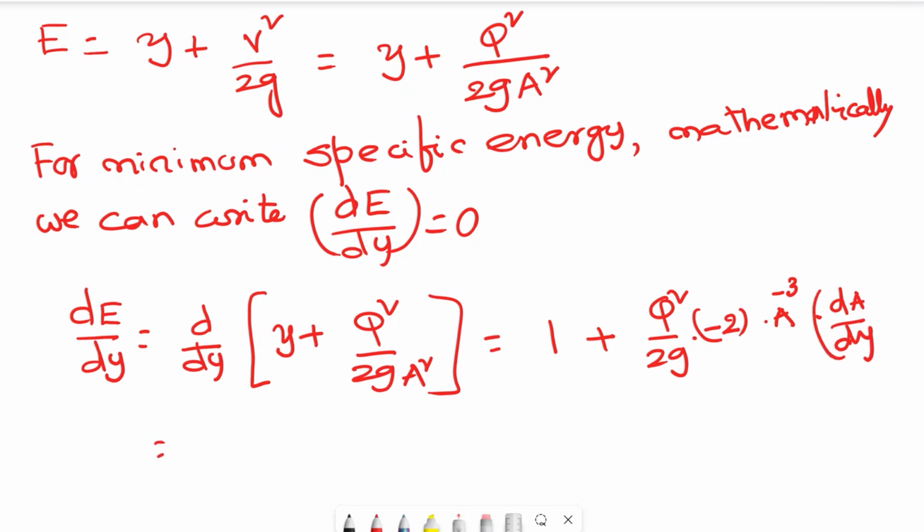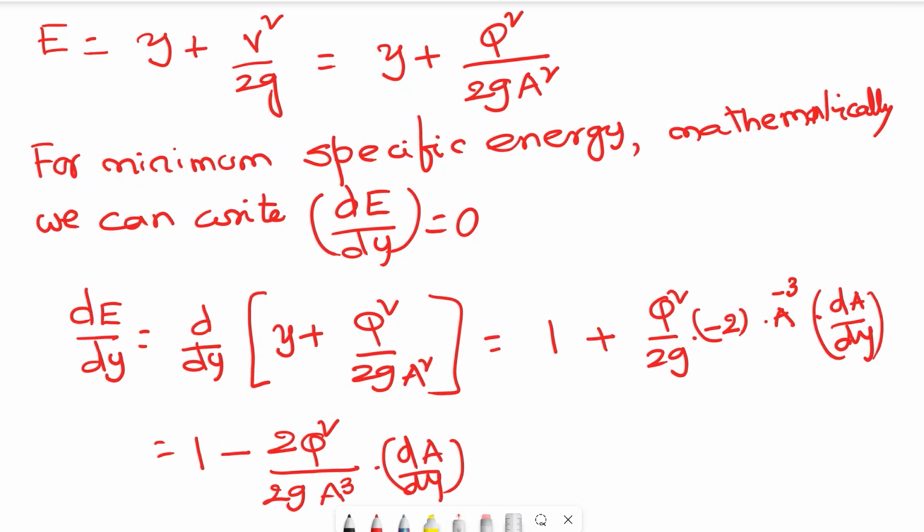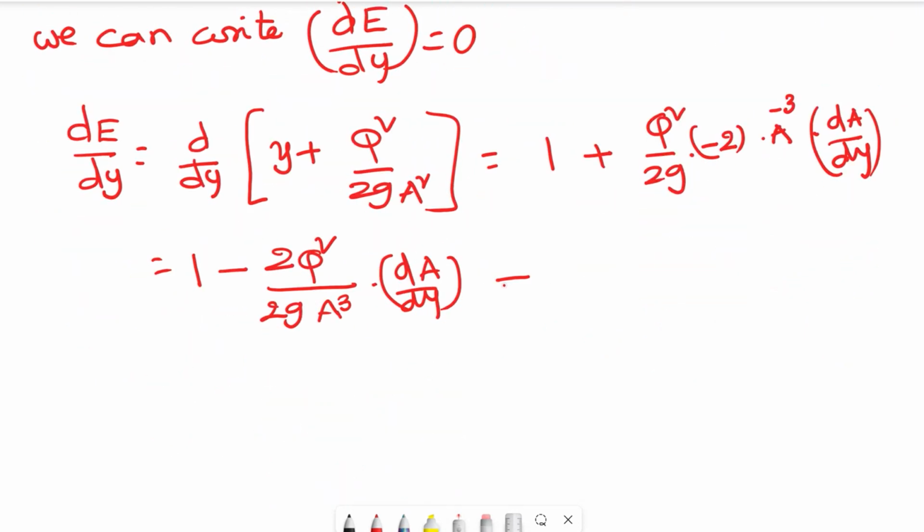So it becomes 1 minus 2Q squared by 2g into A cubed in the denominator into dA by dy. So this is equal to 0.